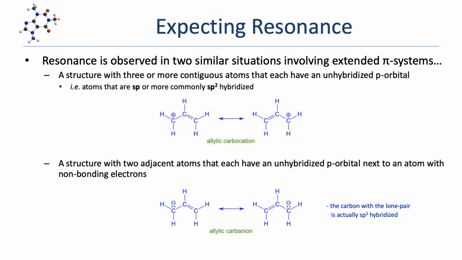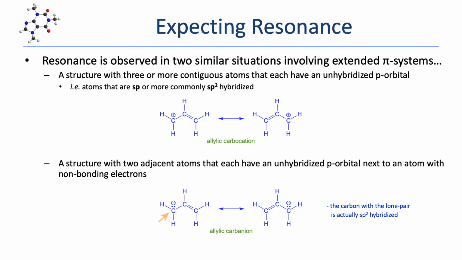So moving forward, it's important to recognize the difference between a molecule and a drawing of a molecule. If we look at either of the 2 resonance structures for the allylic carbanion, it certainly looks as though the negatively charged carbon is sp3 hybridized. But in the actual molecule, that carbon is actually sp2 hybridized. If we look at the 2 resonance structures individually, you can see that that's the case.